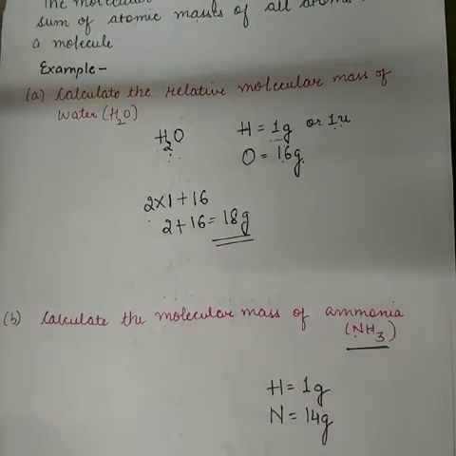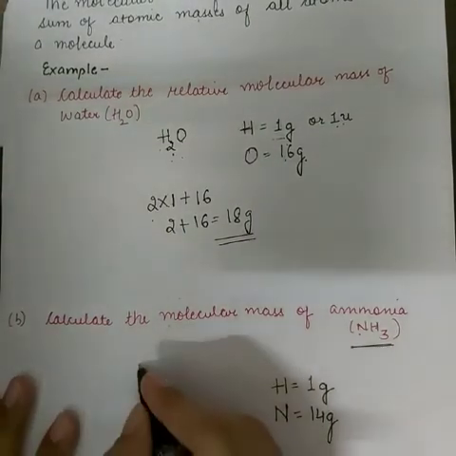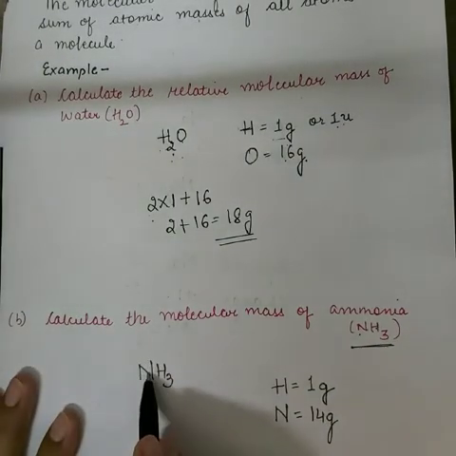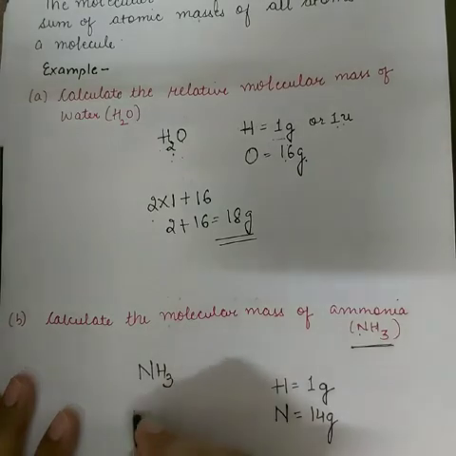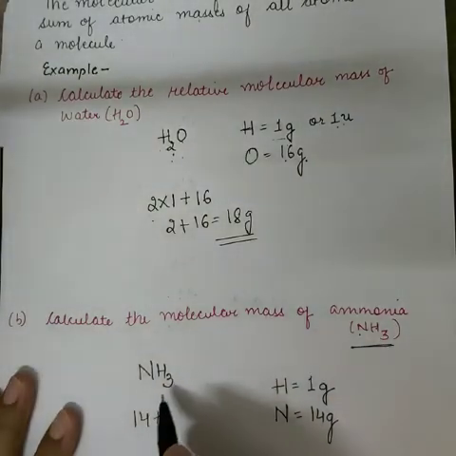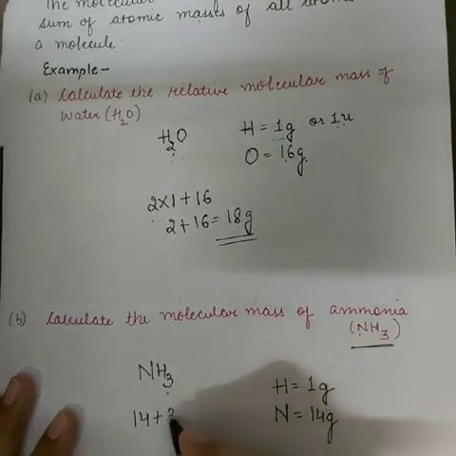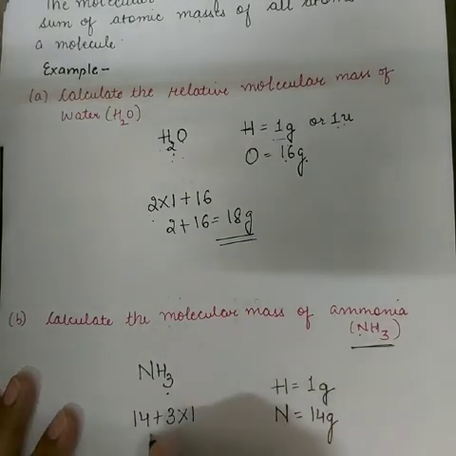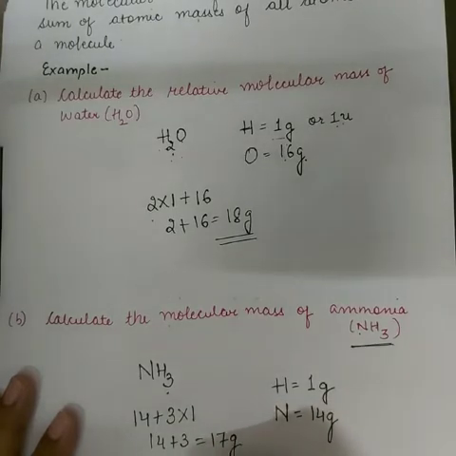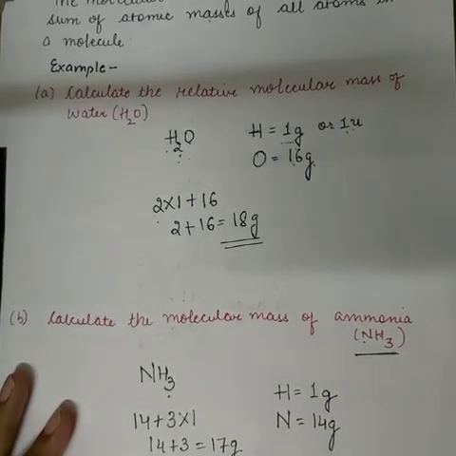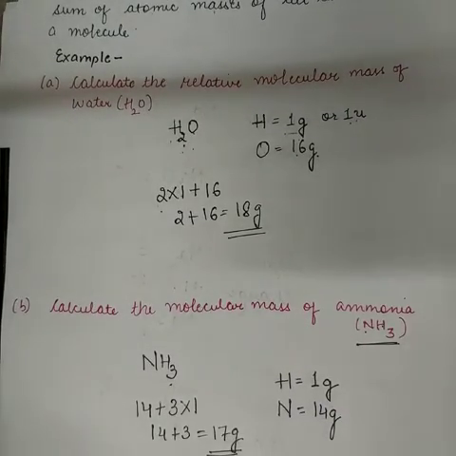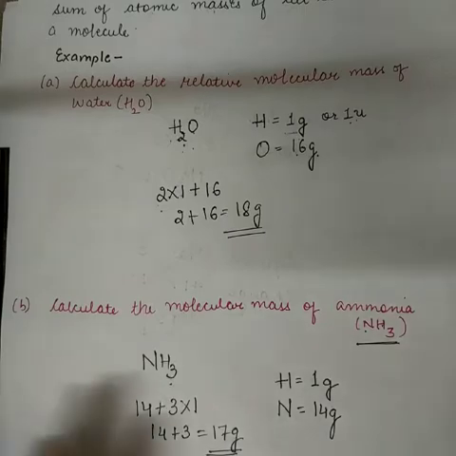Ammonia is NH3. So first you write the atomic mass of nitrogen, that is 14, plus how many hydrogen atoms? 3. So 3 into the atomic mass of hydrogen, that is 1. So 14 plus 3 gives you 17 gram. So the molecular mass of ammonia is 17 grams. Is it clear?